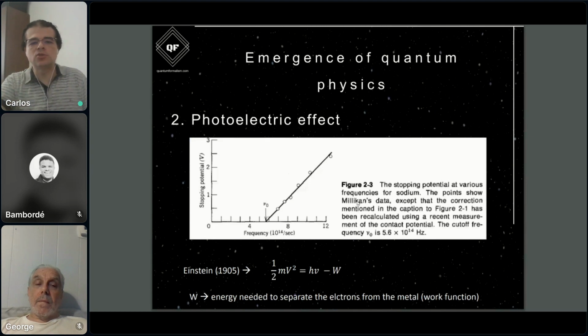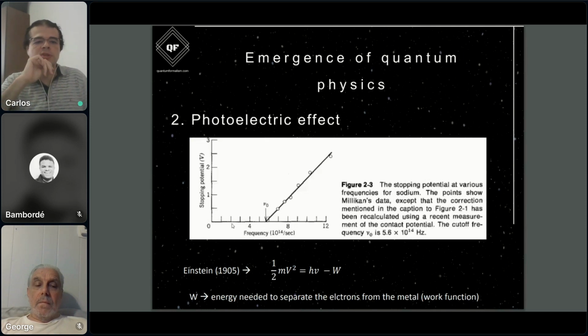Again, this was an experiment done by Millikan. I don't have the data here, but it was from that time. So what you could see is that for a frequency smaller than a certain value, and here he used sodium atoms, a value smaller than this one, 5.6, nothing happened.